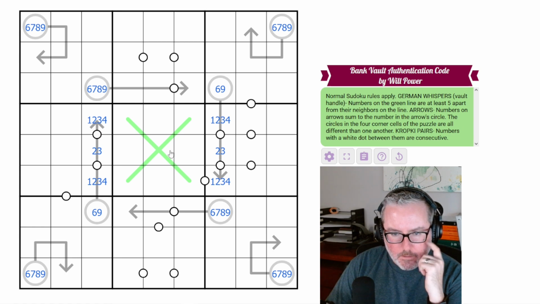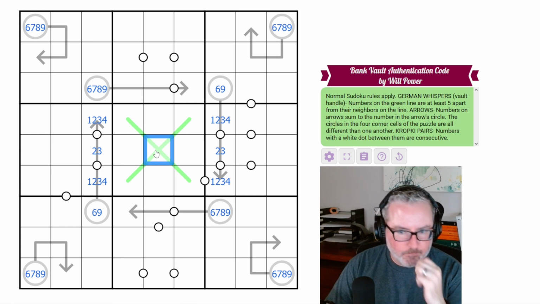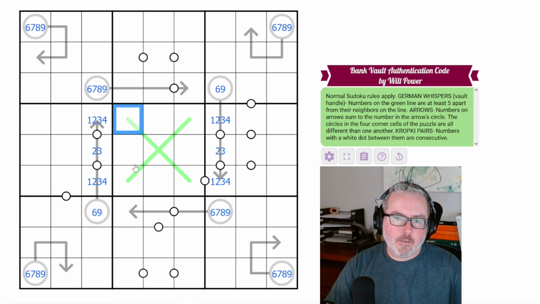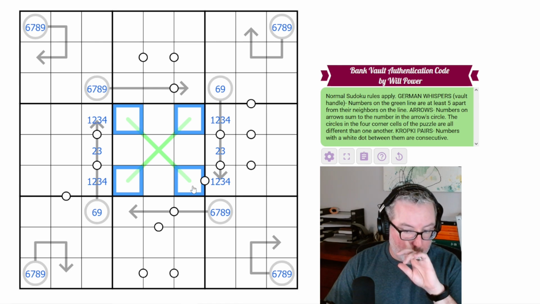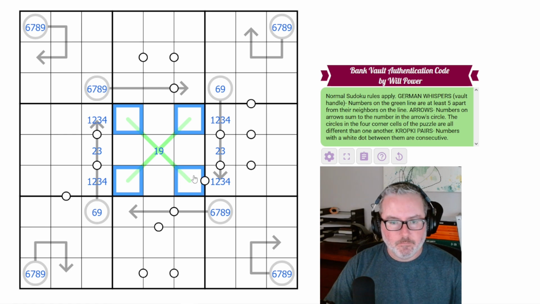Now another thing to look at would be this guy right here, because we know this is an extreme digit, essentially. It's either going to be a 1 or a 9. And that's because it has to have 4 separate digits that are 5 away from it. So it's a 1 or a 9. And of course that pushes these to be either all highs or all lows.